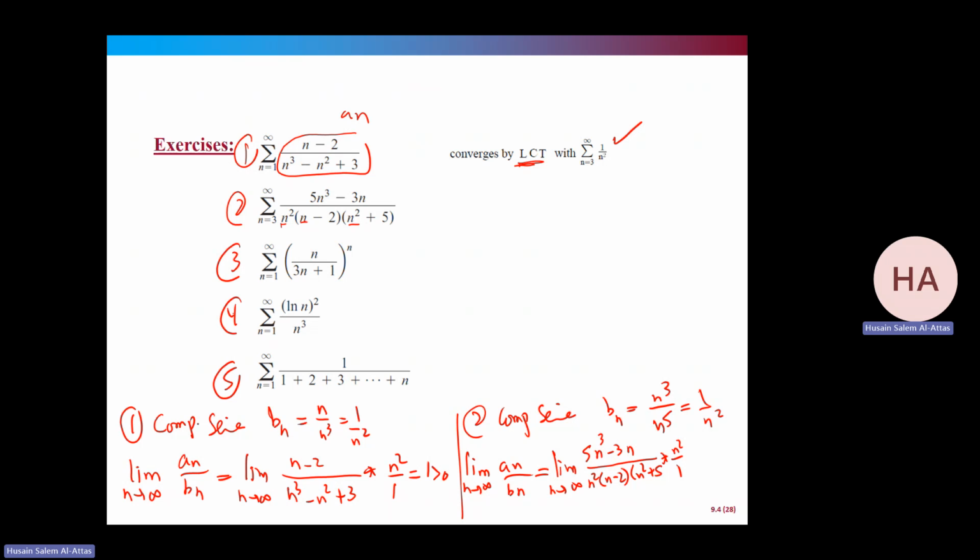So the degree is 5 in the numerator, and the denominator is 5 also. And so the result is 5, which is positive. So both will, and this one is converging.